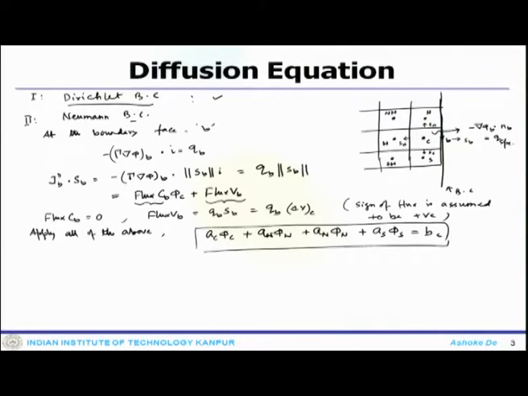But that does not mean they would be of similar expression. The mathematical expression or the discretized system looks similar, the reason being that both boundary conditions, whether phi is specified, the Dirichlet boundary condition, or the Neumann boundary condition which we are currently discussing, have been applied at this particular face, which is the east face.